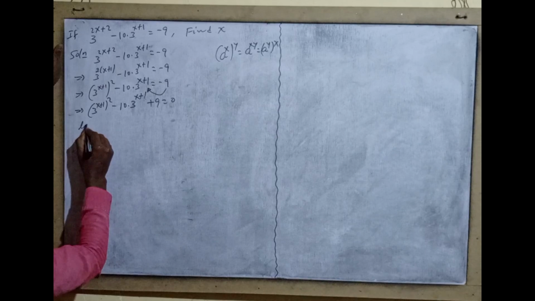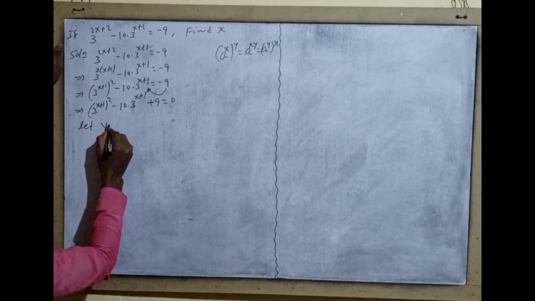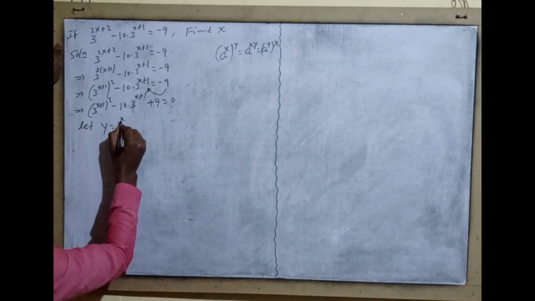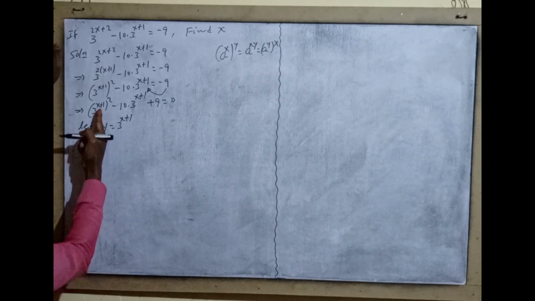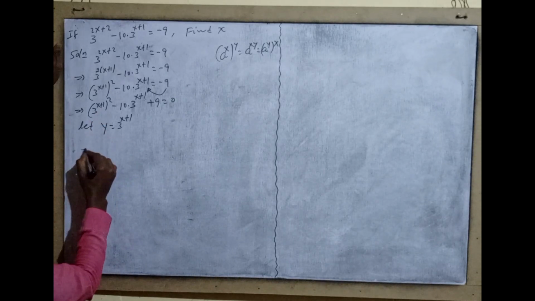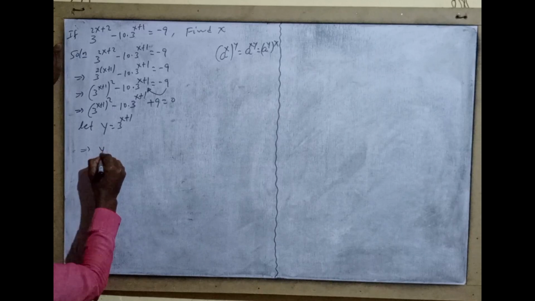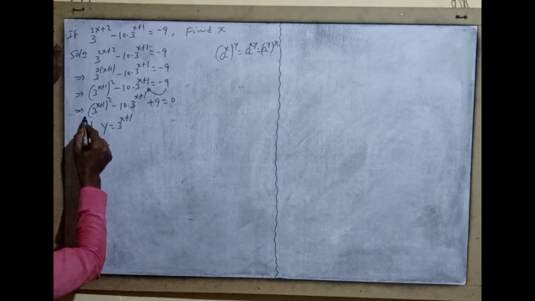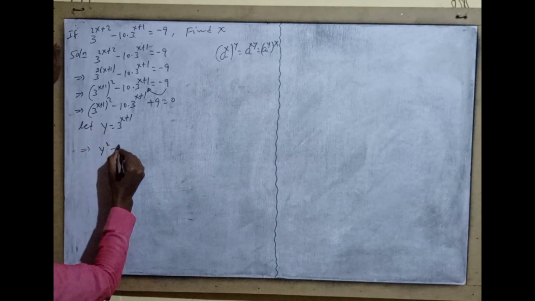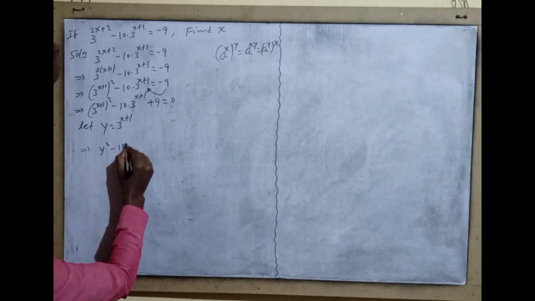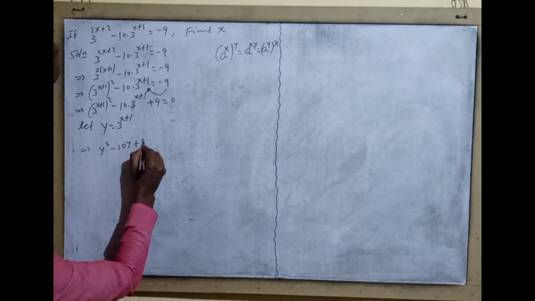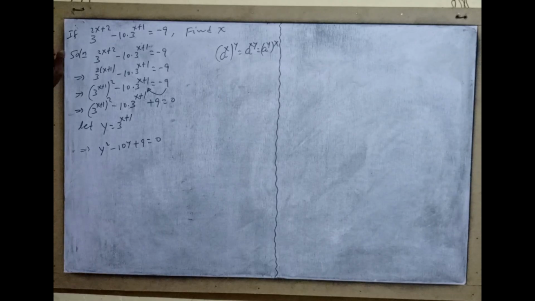Let y = 3^(x+1). Therefore, substituting y for 3^(x+1), we have y^2 - 10y + 9 = 0.